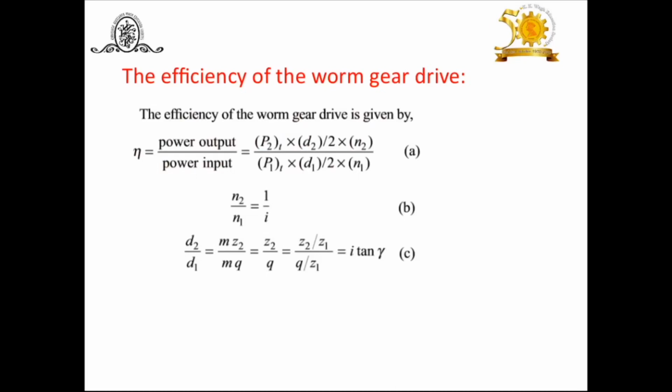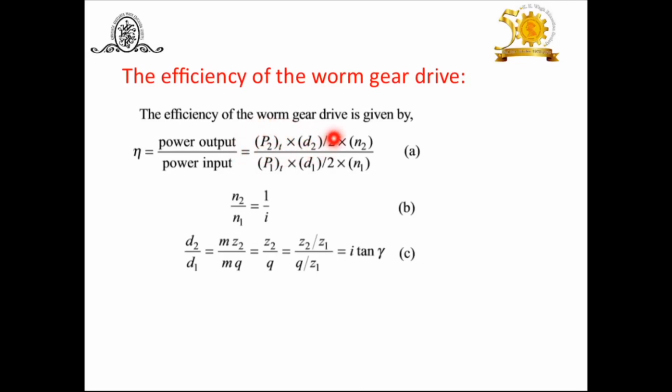Now the efficiency of the worm gear drive is generally given by power output upon power input. Here the power output, or output torque, is given by P2T into D2 by 2. In this case, the worm wheel or worm gear is mounted on the output shaft, that is why the tangential load on the worm gear is multiplied by D2 by 2.